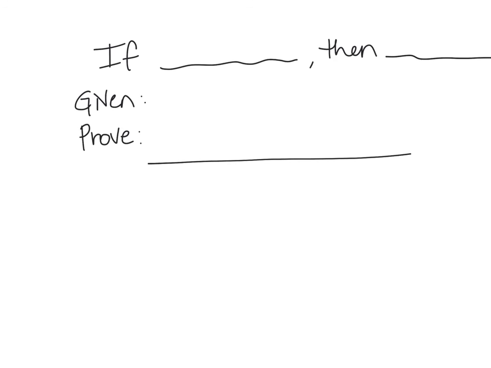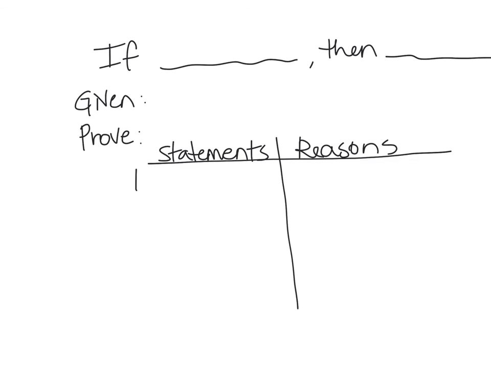You write your 2 columns, you have your statements, and your reasons. This is where the first one, you always write what you're given, and the first reason is always given. Okay? And then you just do the next step, and then you give its justification, and it can be various lengths long.